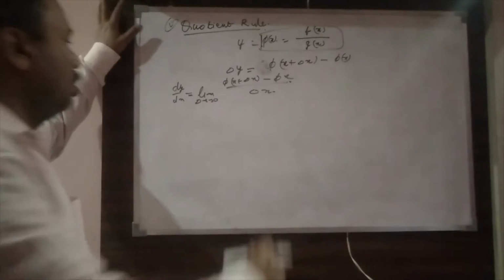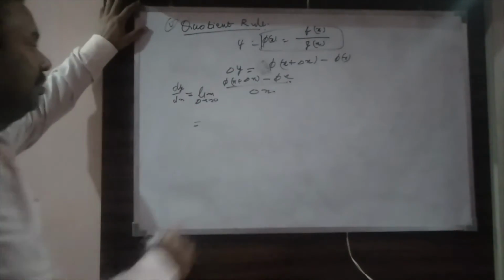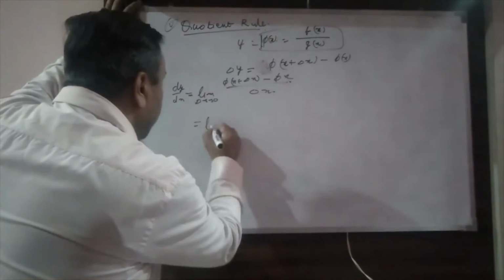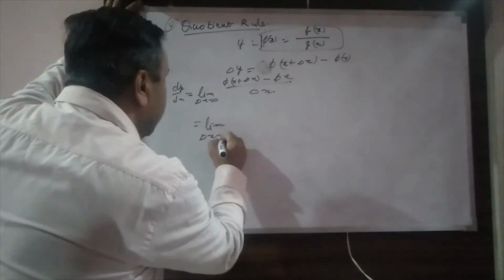If this is so, I will replace the value of phi and it will be limit delta x tending towards 0.